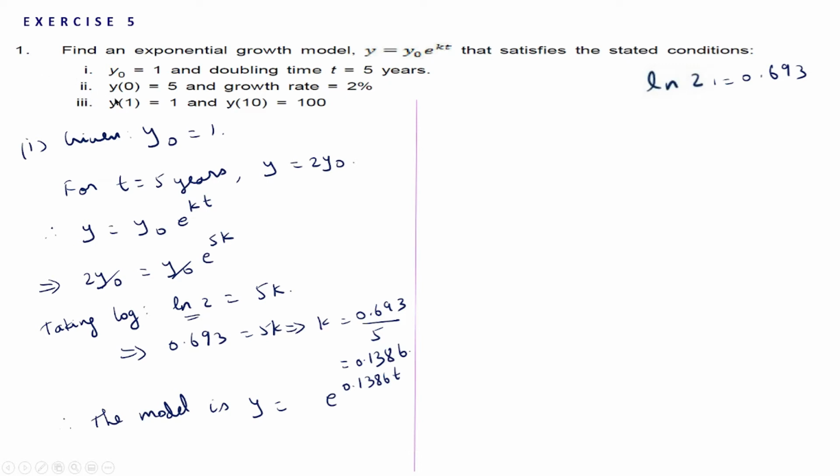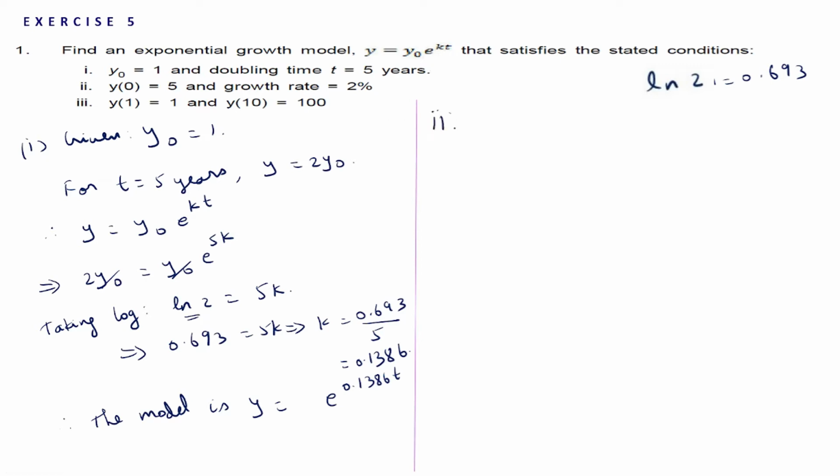Now the second subdivision: y of 0 equal to 5 and growth rate equal to 2%. So here y of 0 equal to 5 means when t equal to 0, that is y naught is given as 5 and the growth rate is given as 2%. This growth rate is nothing but k.